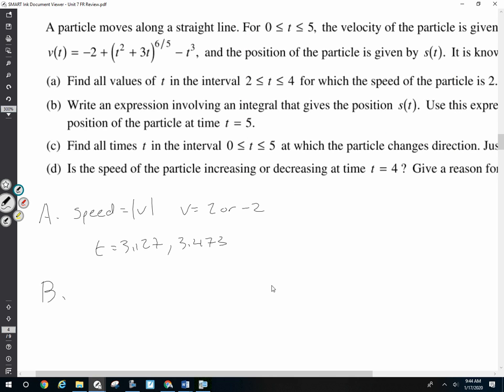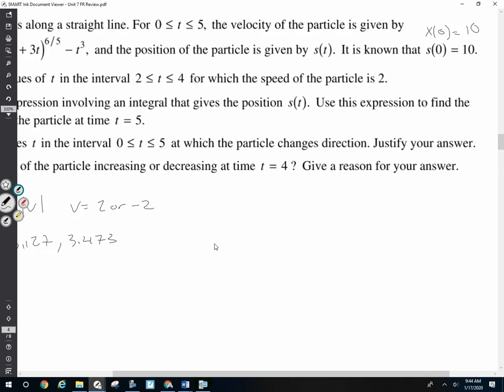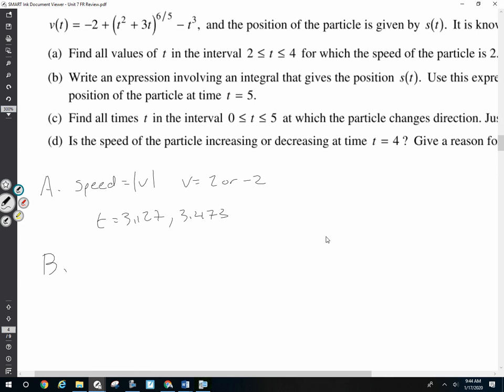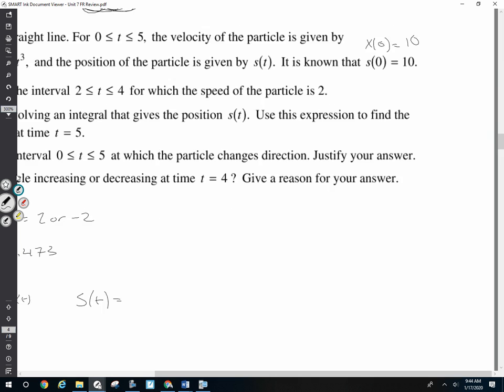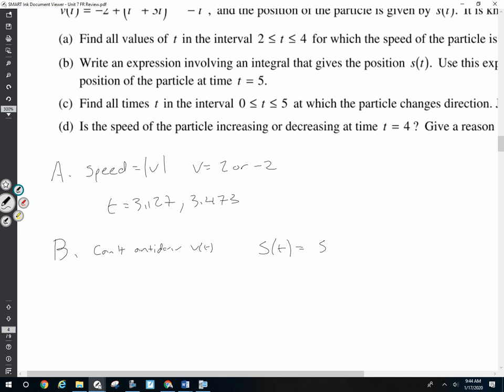Part B. Write an expression involving an integral that uses position S of t. Use an expression to find the position. Okay, so you can't anti-derive. So you'd have to say my unknown position equals my known position at 0 plus my displacement.